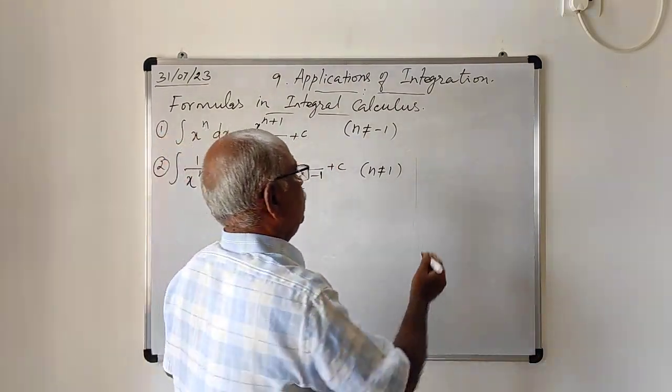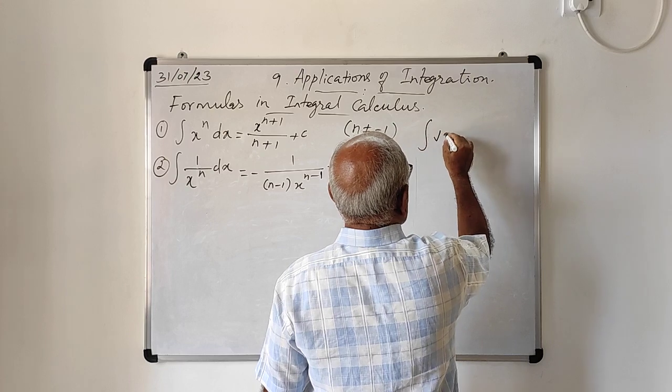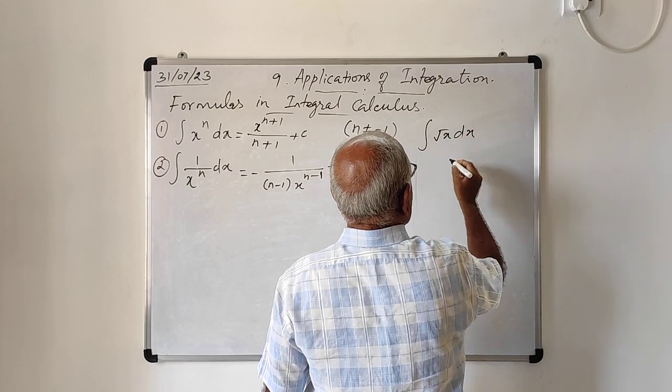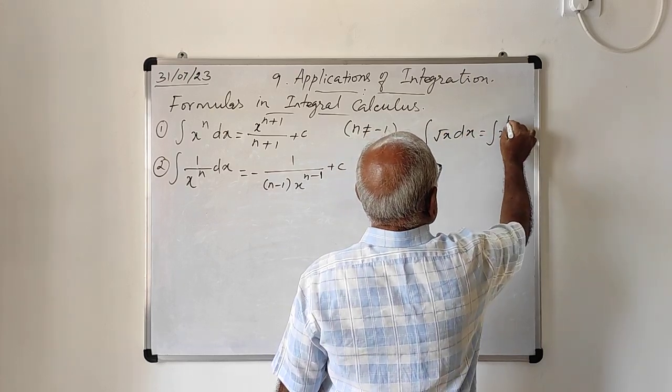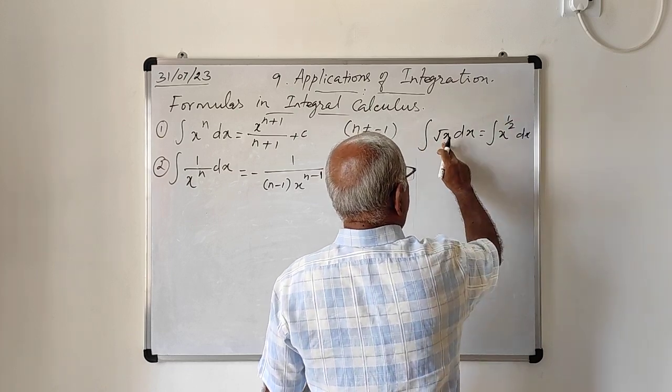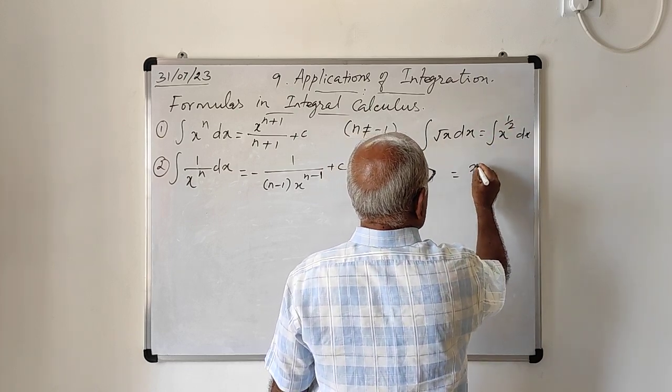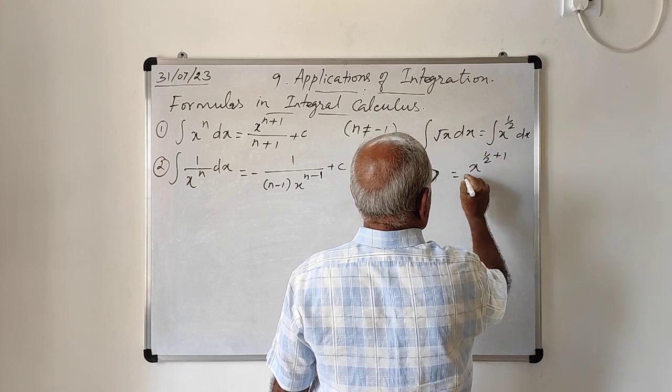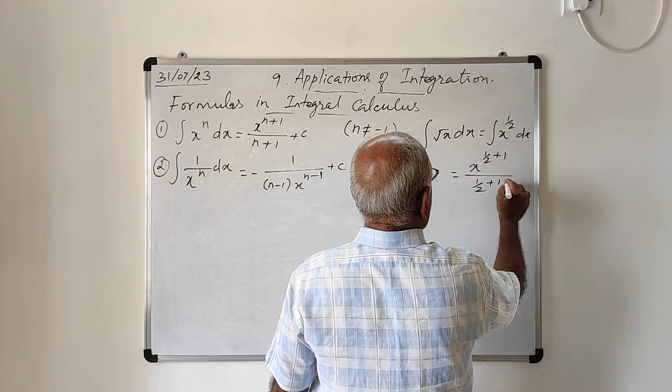One more result: if you find the integral of root x dx, this is expressed as the integral of x power half dx. Root x can be expressed as x power half, and again by the rule, x power n plus 1 by n plus 1, plus c.